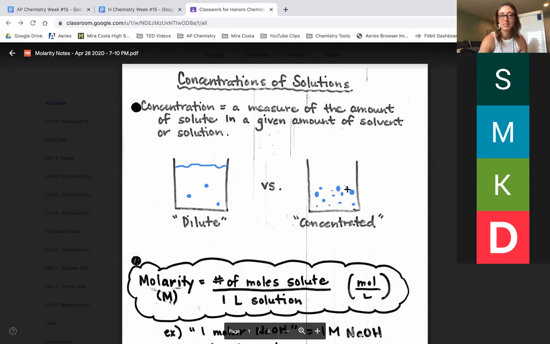Whoa, it's a lot more concentrated. There's a whole bunch dissolved. So if you had really concentrated Kool-Aid, it would be really, really sweet, right? Lots of sugar in it, and very little water. So this is what a concentrated solution might look like. Not perfect, but you get the idea, hopefully. There's a lot more stuff in it.